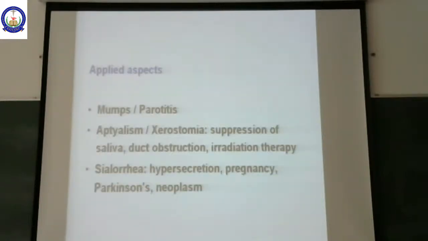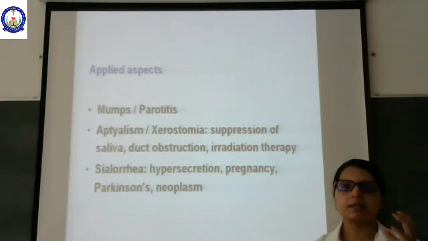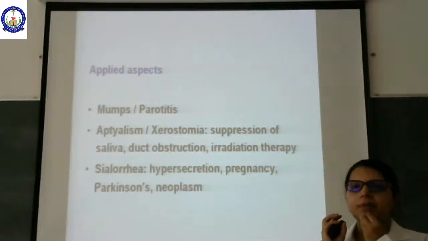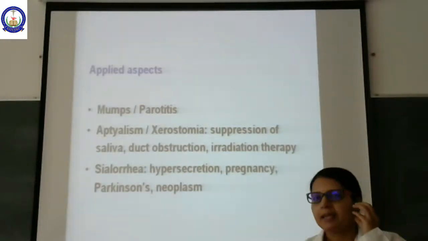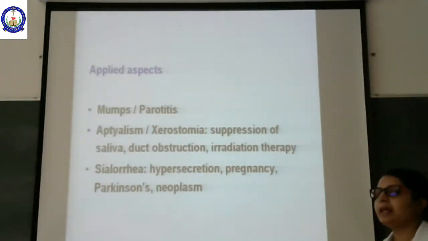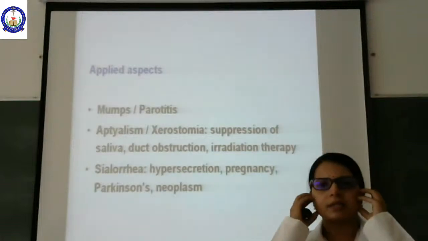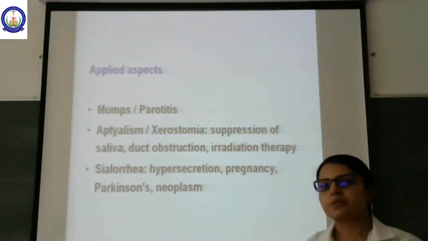Coming to the clinical aspects, as we have learnt, there are three important salivary glands: the parotid, the submandibular or submaxillary, and the sublingual. Any inflammation of the parotid gland is called parotitis. Clinically, you can see patients having large, very painful swellings in front of the ears. That is called mumps.